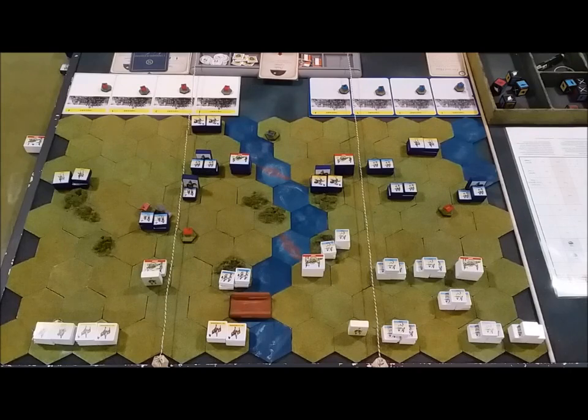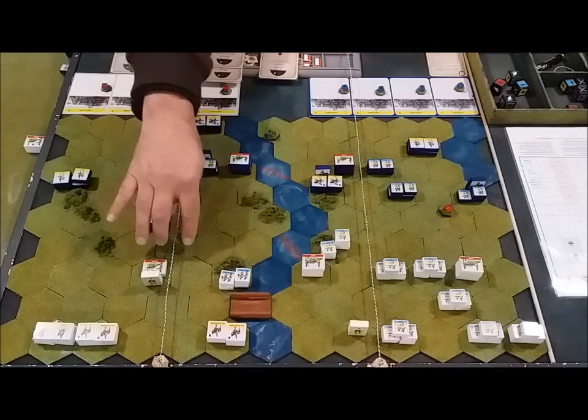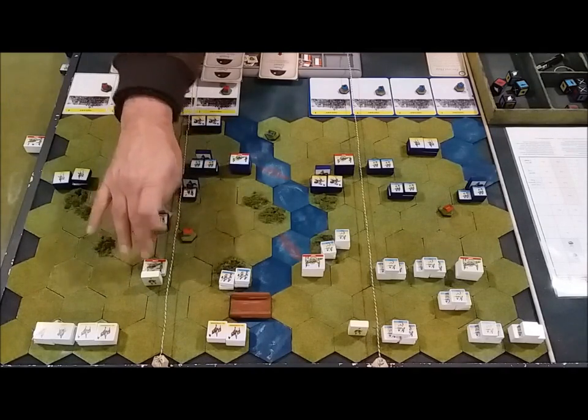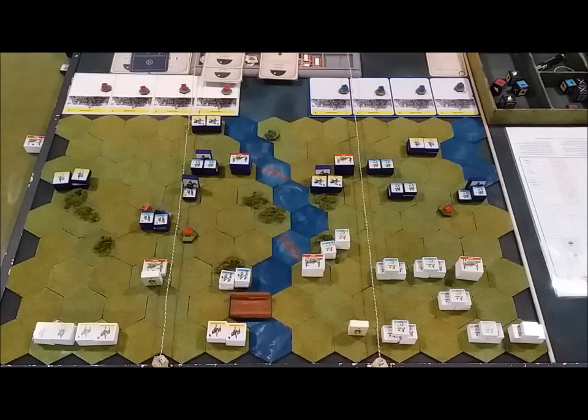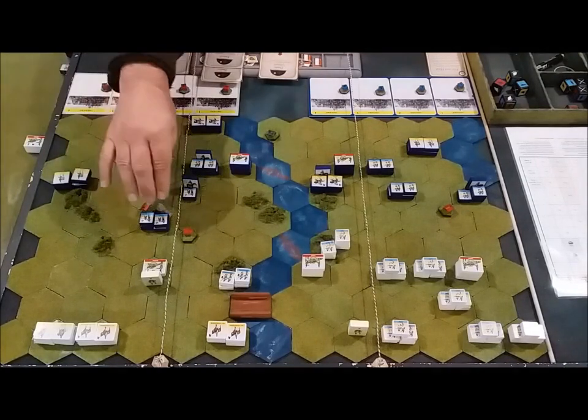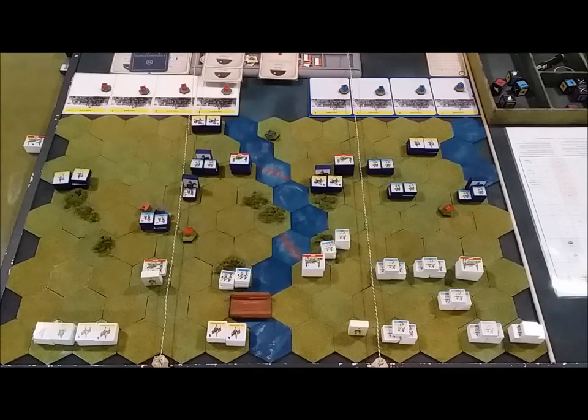So center or right? Okay, let's have a look here. So if we do we have 2 units on the right. So what we could do is bring the light infantry forward into here. They could still melee then with the horse artillery. We could bring the light cavalry forward into the town, even though they're not going to be worth any sort of attack or anything. That would then give them the 2 hexes here again, potentially leading to at least 1 victory point next turn.